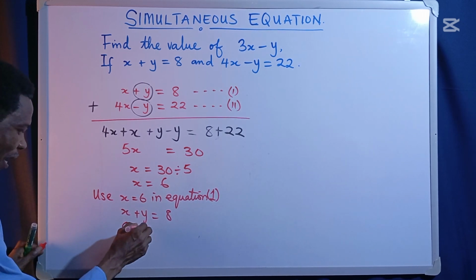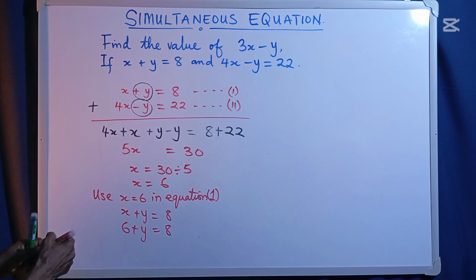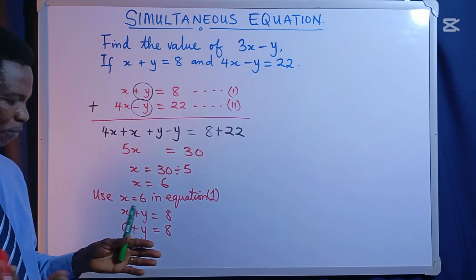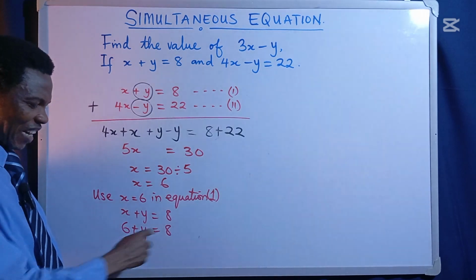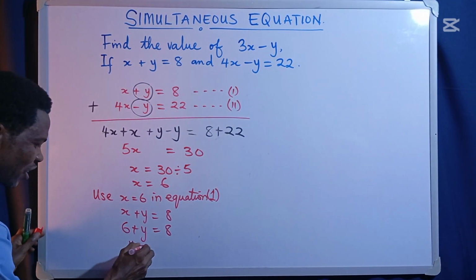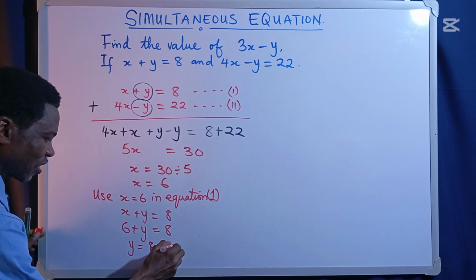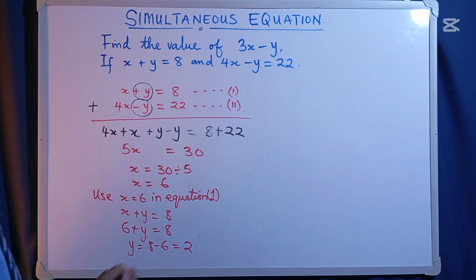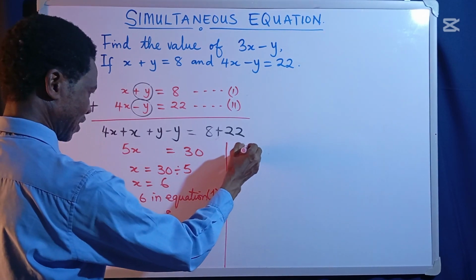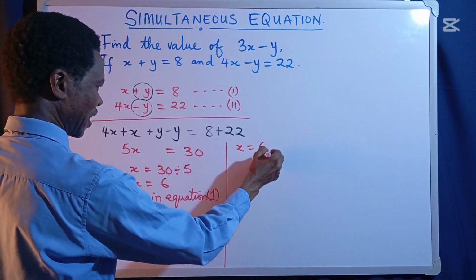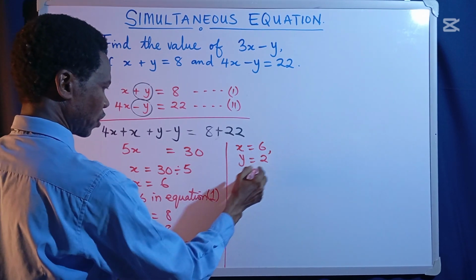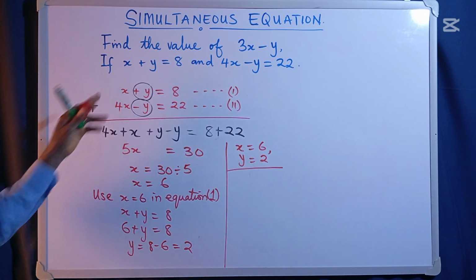So 6 plus y equals 8. What number will I add to 6 to give me 8? Simple. If I'm adding, then I will subtract. So collect like terms. y is equal to 8 take away 6. So the number is 2. So automatically we have our values: x equals 6, and y equals 2. So this is the solution of this simultaneous equation.